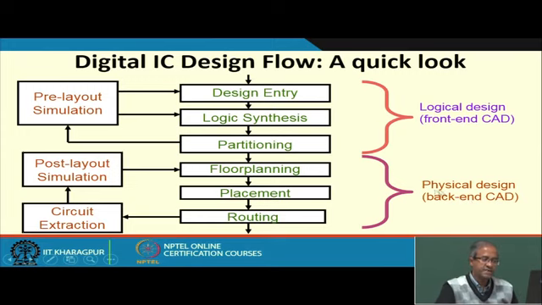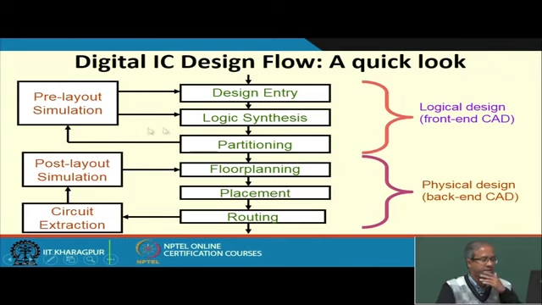Now, as part of this course, we are more concerned about the physical design aspects. So, we shall be assuming that we already have a circuit netlist available to us, and from there we shall be carrying out the steps of floor planning, placement, routing and the other analysis steps. And of course, at every step you need to carry out simulation.